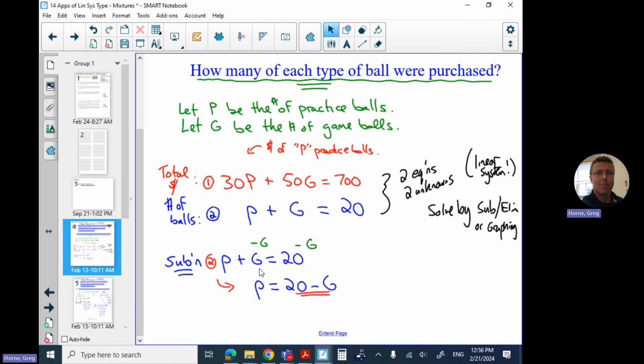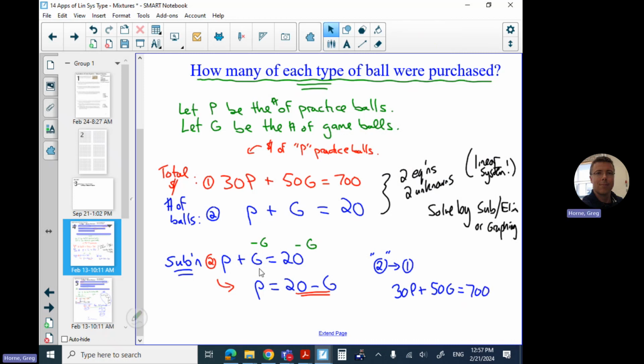Equation 2, I just confused myself because it was red. So we're going to put that into equation 1. So it's like the new version of equation 2 going into equation 1. Equation 1 was 30P plus 50G equals 700.